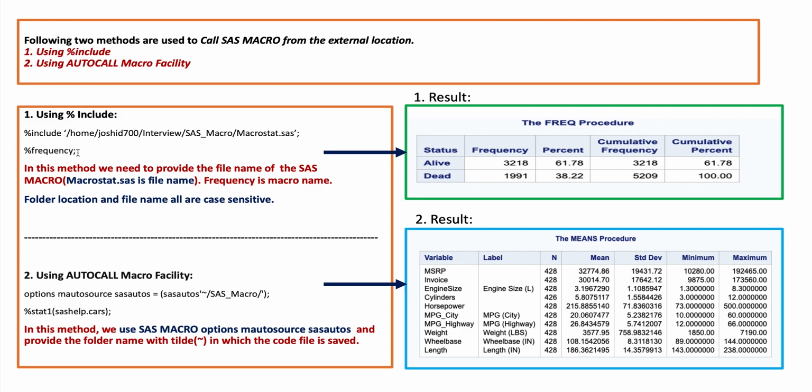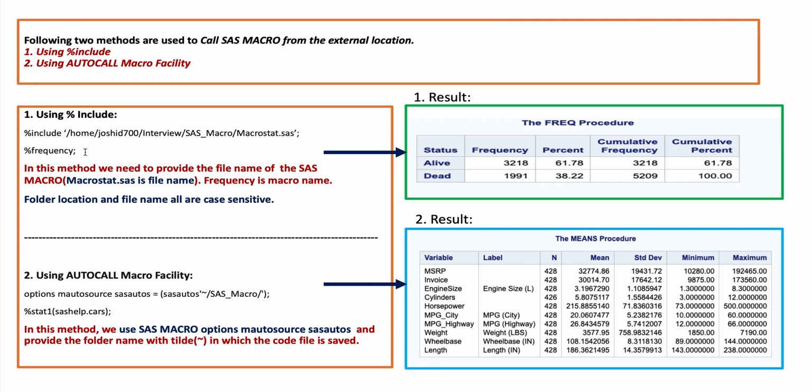Next step, we have to call the macro. That means %frequency, that means we are calling the frequency macro. In this method, we need to provide the file name of the SAS macro, that means macrostat.sas is the file name, and frequency is the macro name. One important point is that folder location and file name are all case sensitive.